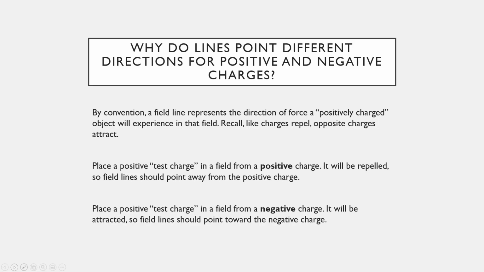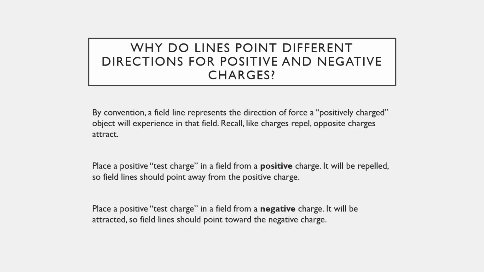Although another way to think about it is you can think of the field lines representing the direction that a positive charge would experience a force when placed inside that field. So if you were to place a positive test charge in a field from a positive charge, then it's going to be repelled.